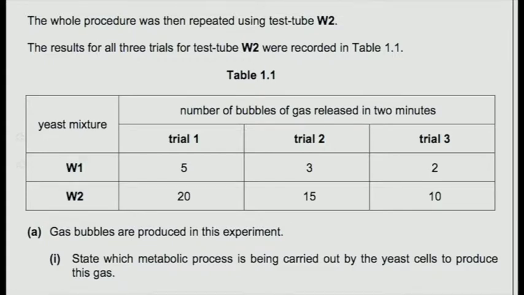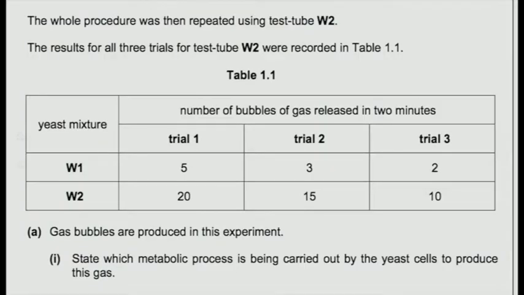So for all test tubes, W1 and W2, trial 1 records a high number of bubbles. Trial 2, it goes down. Trial 3, it's even lower. But W2 has a higher number of bubbles than W1.